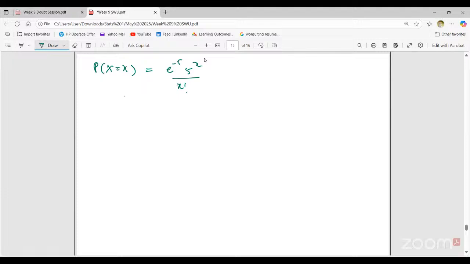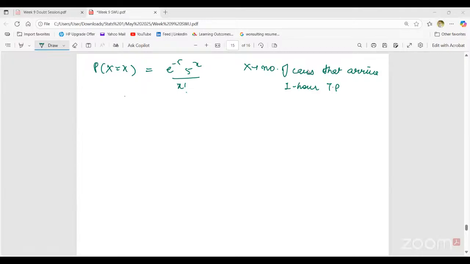Okay. So I have been given this probability. And here, what is my X? X is the number of cars that arrive at a specific car parking lot during a 1 hour time period. Correct? This is my X. Now the question they have been asking is to find the probability that in a specific 1 hour time period, more than 2 cars arrive.